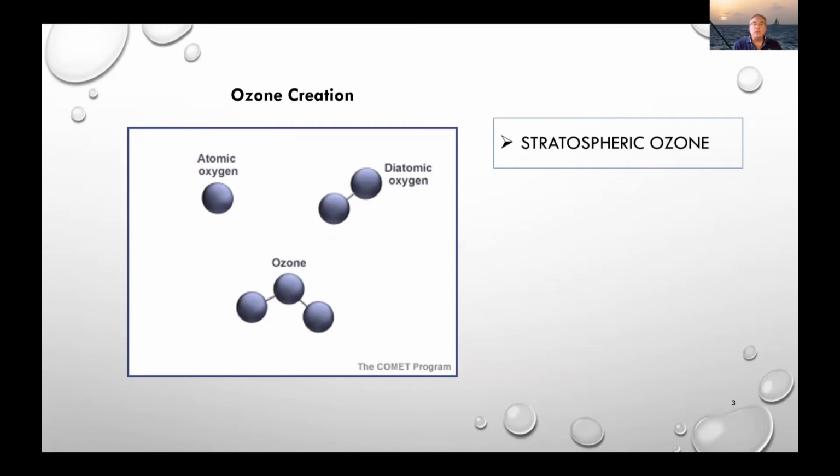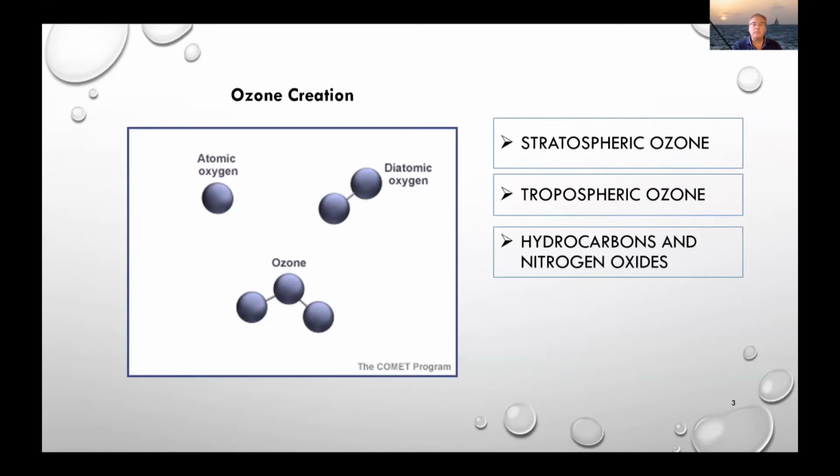So we find ozone naturally occurring in the atmosphere, and it's in the stratospheric layer, the ozone layer, and that's where we want it because that gives us some degree of UV protection from harmful UV rays from the sun. Where we don't want it is in the tropospheric layer, because that's where we are.